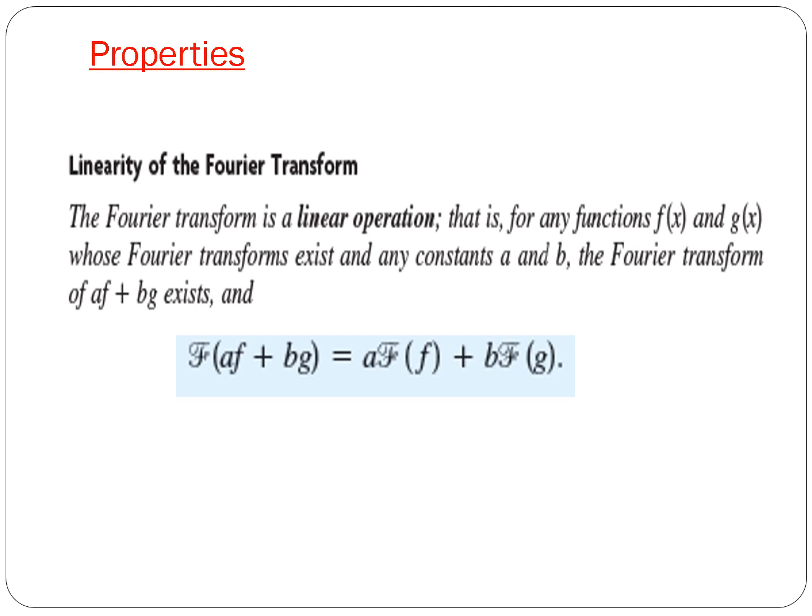Now we can see some properties of the Fourier transform. The first is the linearity property. It says that the Fourier transform is a linear operation.